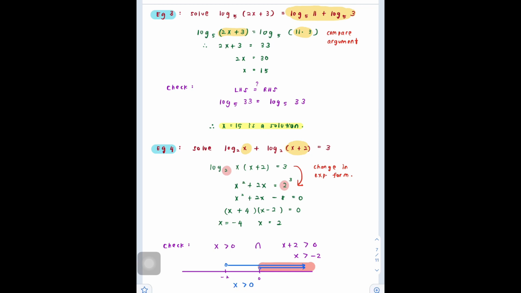So among these two answers, which one is more than 0? -4 is obviously outside the domain, so you have to reject this answer. x equal to 2 is within the domain. So your answer will be x equal to 2 is the only solution.